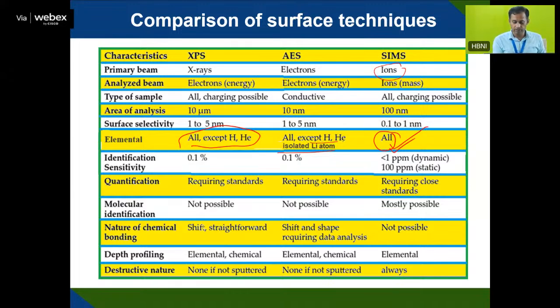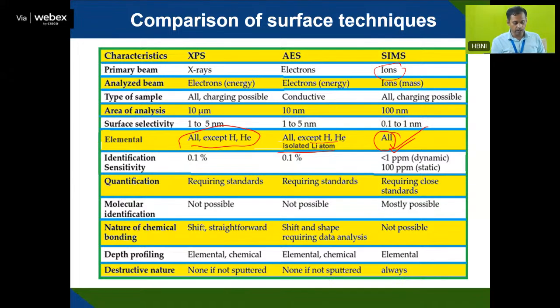Identification sensitivity is also less than ppm level in the case of SIMS, whereas it is 0.1% in the case of XPS and AES. For quantification, you need standards in XPS and AES, but in SIMS you have to choose a very close, proper standard, otherwise it is very difficult to quantify the SIMS data.